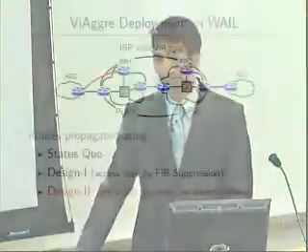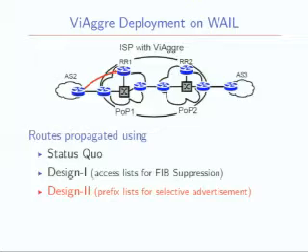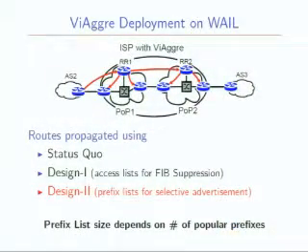Because if you have 1,000 popular prefixes, the access list needs to enumerate them to tell the router that these need to go into the forwarding table. And finally, we have design 2, wherein external router advertises routes to a route reflector, and these are selectively forwarded. We achieve this selective forwarding using prefix lists, again a standard route filtering mechanism available on all routers, and these can be massive due to the use of popular prefixes.